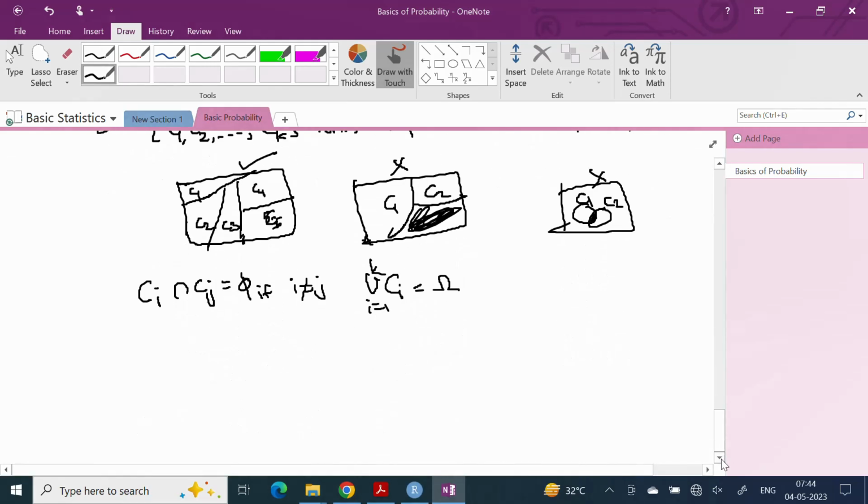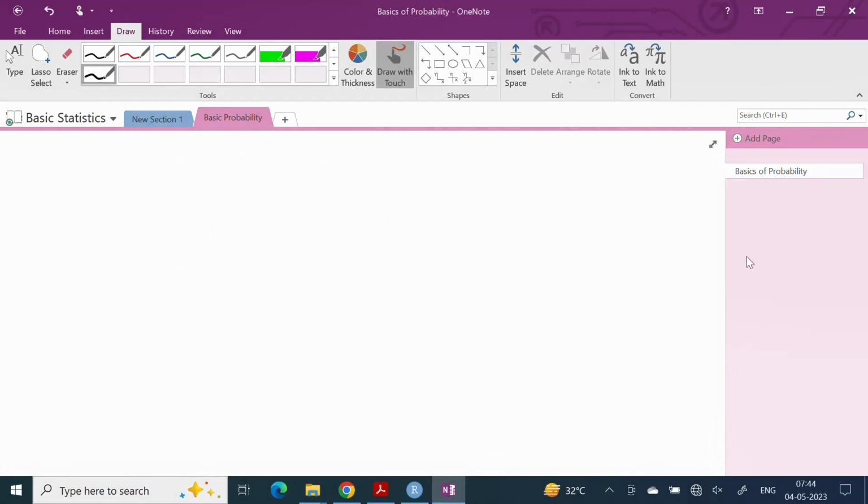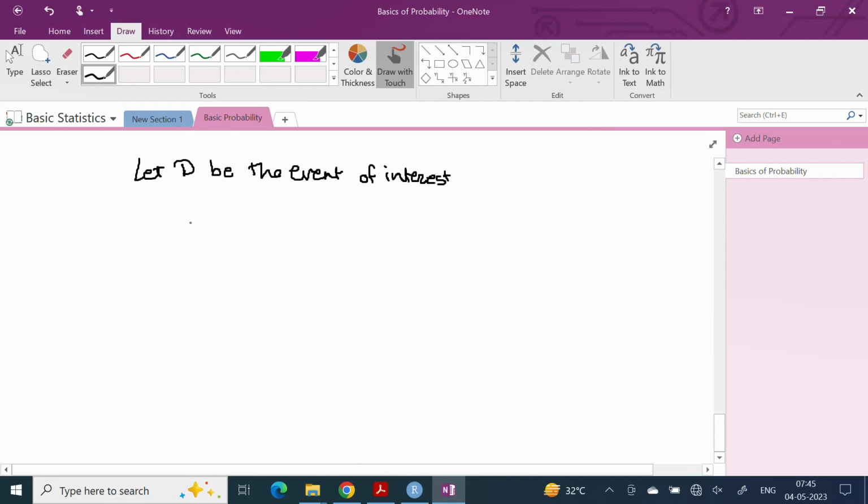Okay. So suppose Ci form a partition and let D be the event of interest. Then probability of D given Ci is generally given to us.